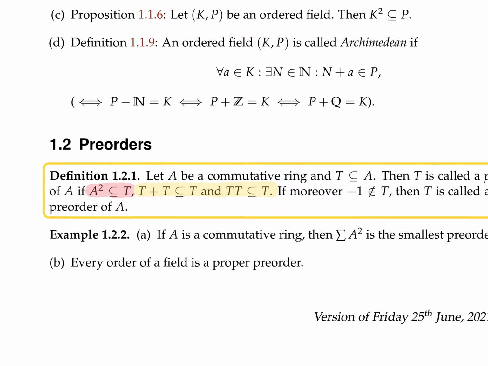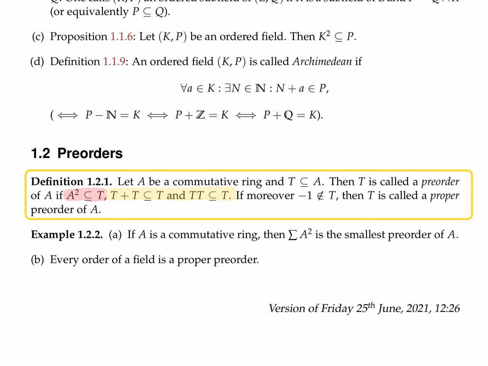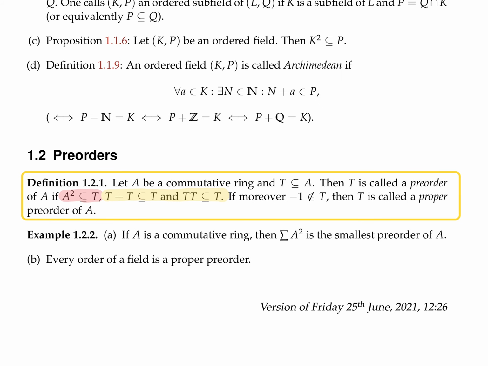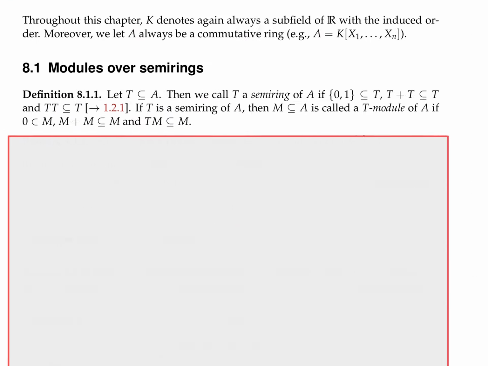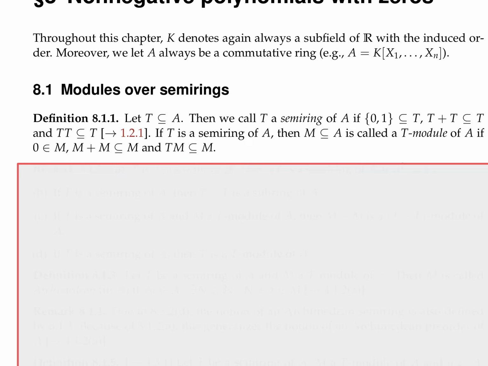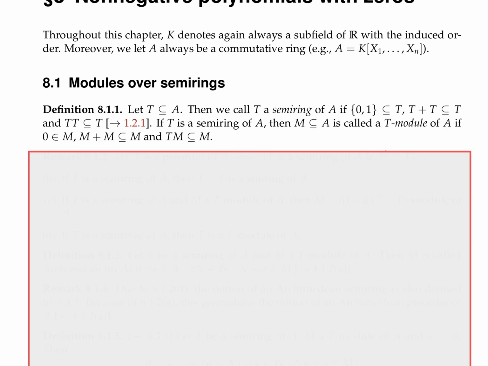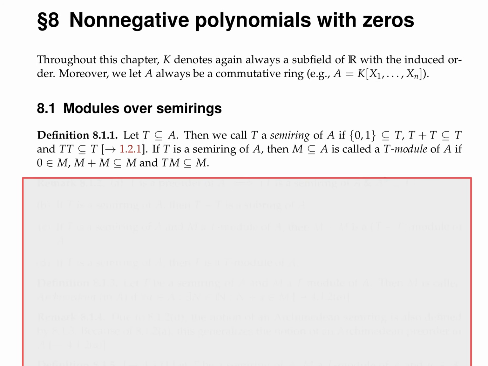For a preorder, it was exactly the same definition, except that we said that all squares should be in there. Now we say just 0 and 1, which are actually squares, right? 0 is 0 squared and 1 is 1 squared in every commutative ring. So every preorder is a semiring. It's just more general.